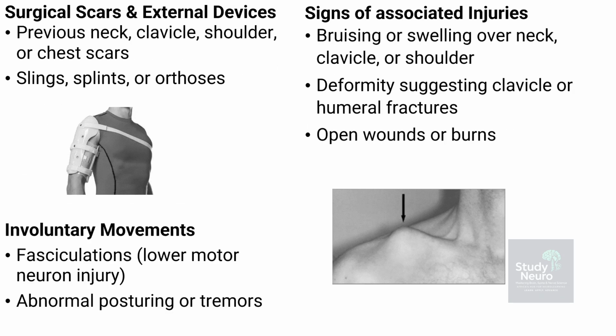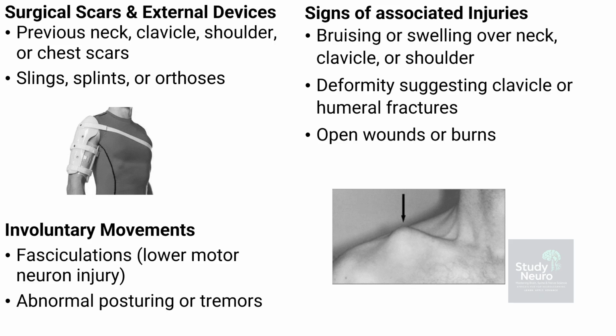When examining a patient, start by noting any surgical scars or external devices. Scars from previous procedures on the neck, clavicle, shoulder, or chest can provide important clues about past interventions. Also, pay attention to any slings, splints, or orthoses the patient may be using, as these often indicate ongoing support or protective measures.